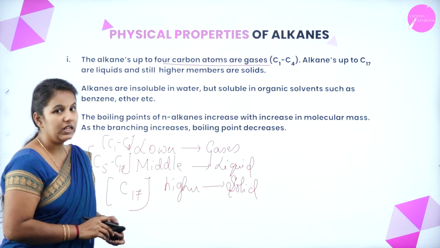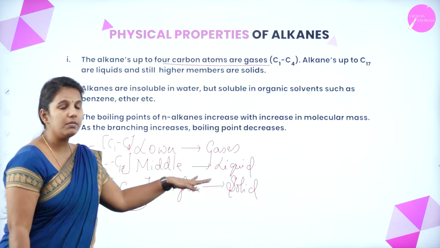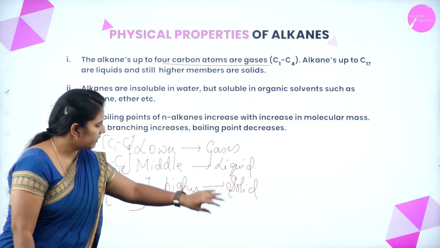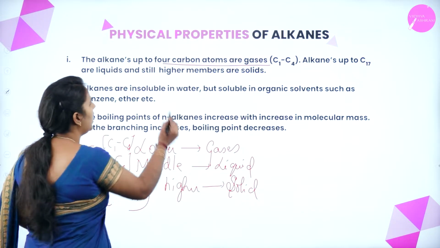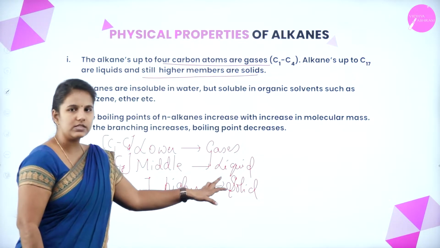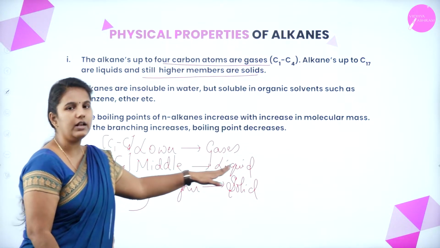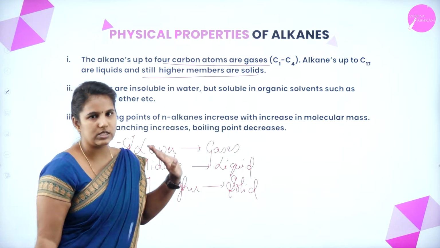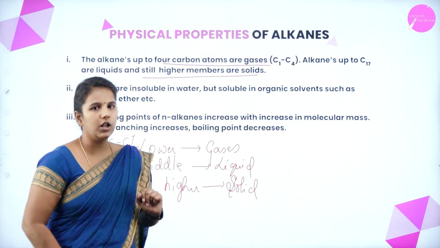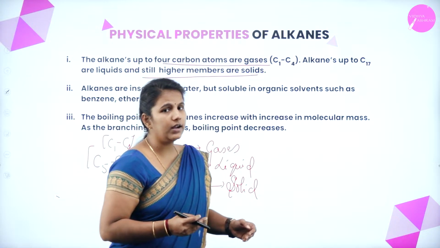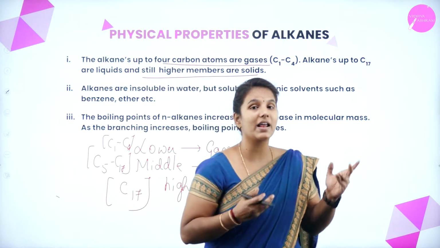This is the first thing you need to understand: lower members always behave like gases, higher members behave like solids, and between these, members from carbon 5 to carbon 17 behave like liquids. And coming to solubility, we have already learned that alkanes are paraffins.